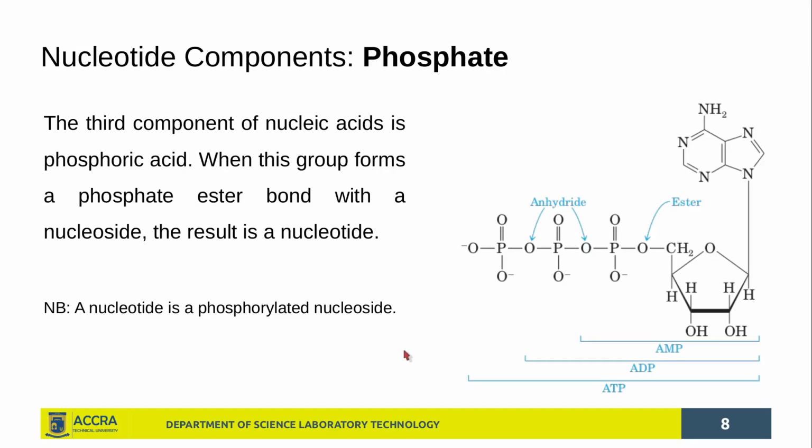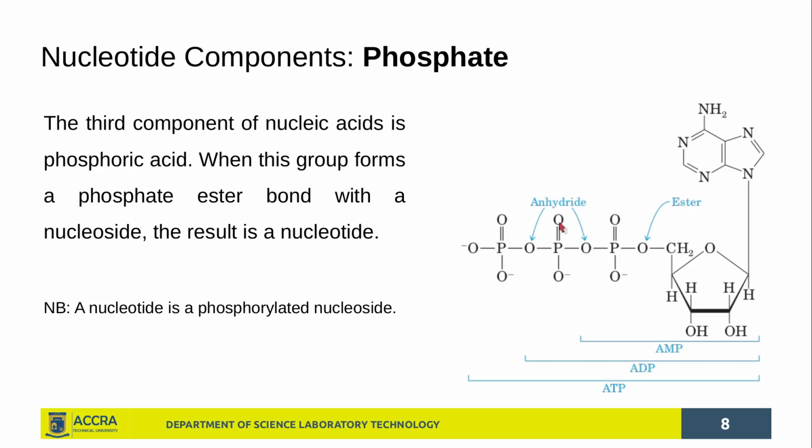Now, the phosphate group is attached on carbon number 5. If it is only a single phosphate group, then you have a monophosphate, a nucleotide with only one phosphate group. For instance, this base is adenine, and so if you have just one phosphate group, you have adenosine monophosphate.